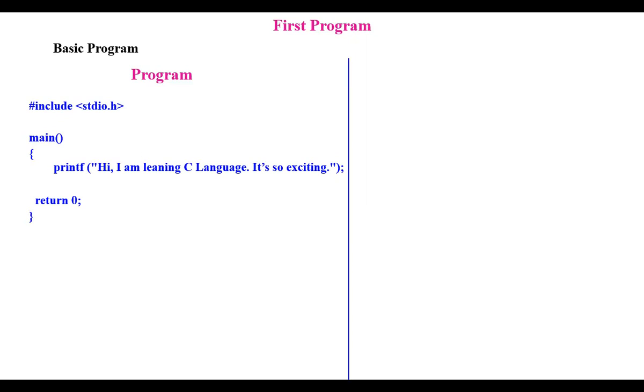Coming to the program, I write a simple program that includes stdio.h, which we have already seen, and the main function, and printf, and return 0, and close the brackets. This is the program. And if we compile and execute it, we get the output here like this.